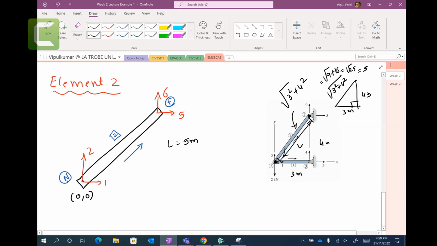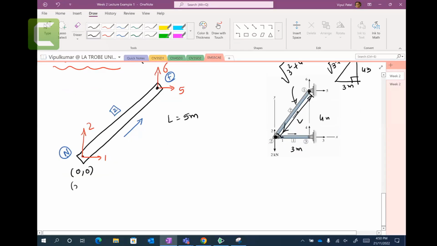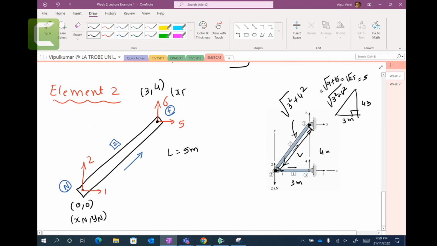Here, this coordinate is 3, 4, right? So this is the near node, xn, yn, and this is the far node, xf, yf.